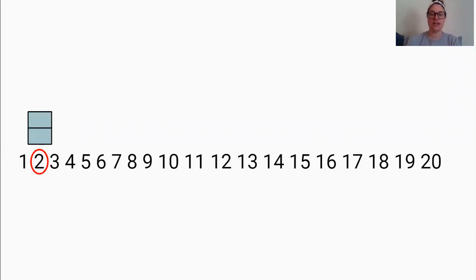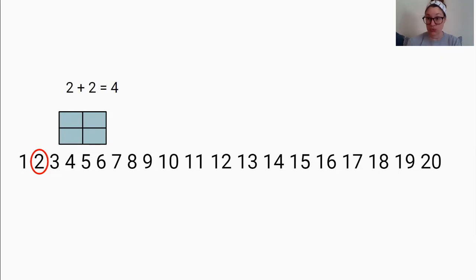Okay, let's look at another example. Let's look at 4. You can see in this array that there are 4 square tiles. What you have is 2 rows of 2 or 2 columns of 2. So a way to show that with a repeated addition equation is 2 plus 2.